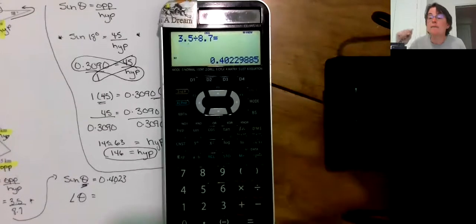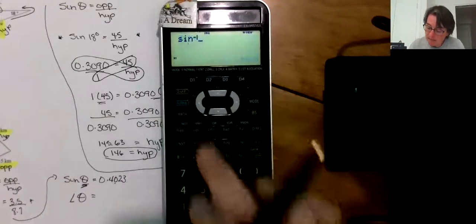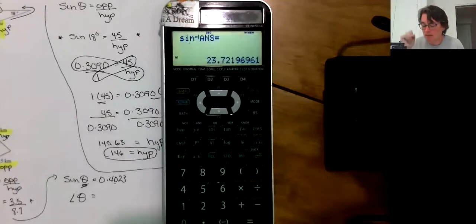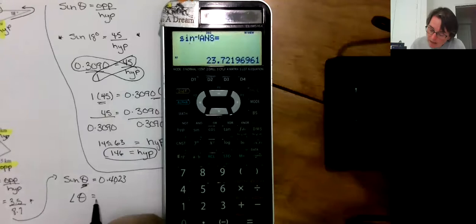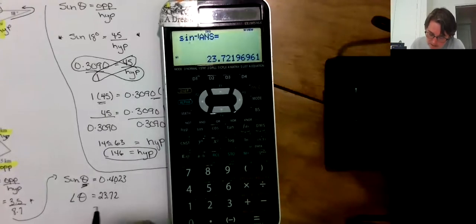And to do that, if you need the angle, it's going to be second and sine. And I love my calculator because when I hit equals, it just plugs my answer back in there. And it gives me 23.72. And I'm going to say 24 degrees. Angle theta equals, and there we go.